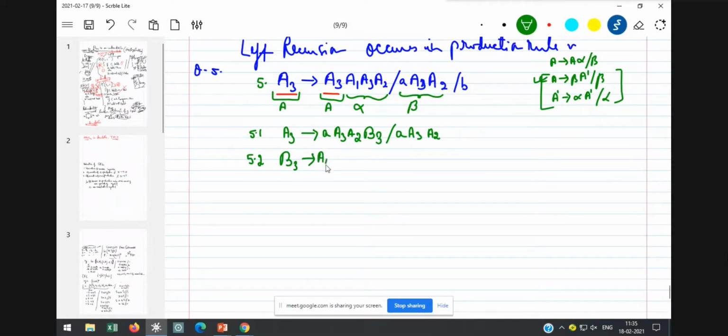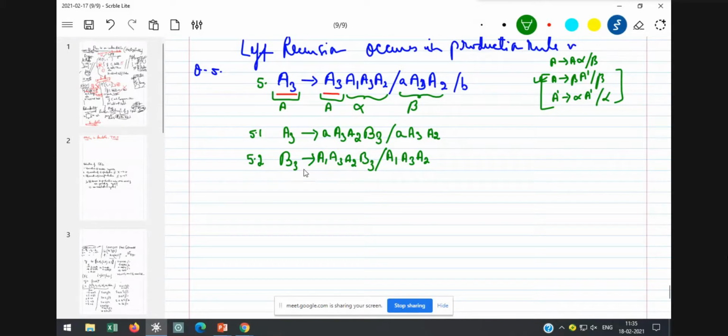Alpha in my case is A1, A3, A2, and then followed by A dash. In my case, B3 is A dash slash alpha, A1, A3, A2.